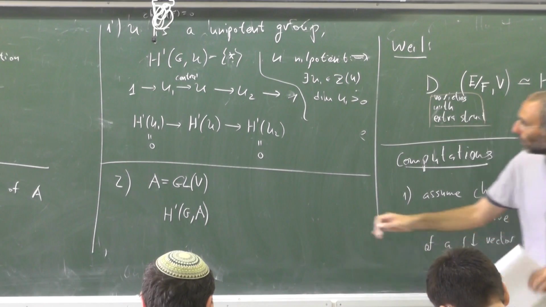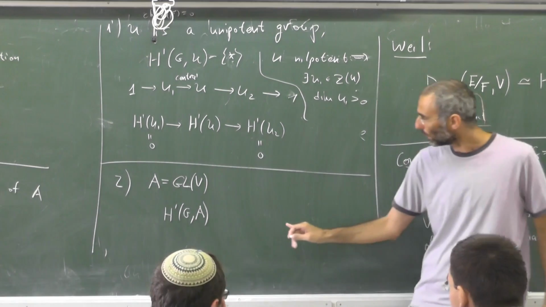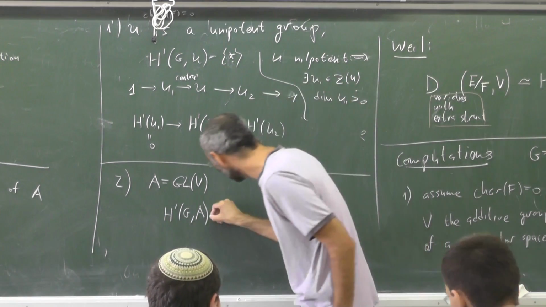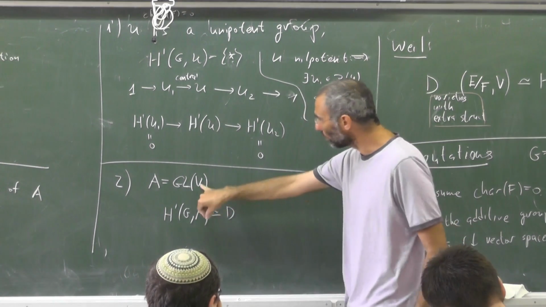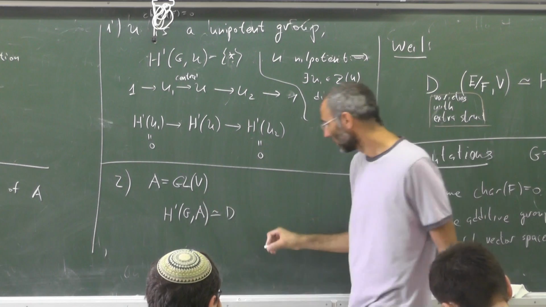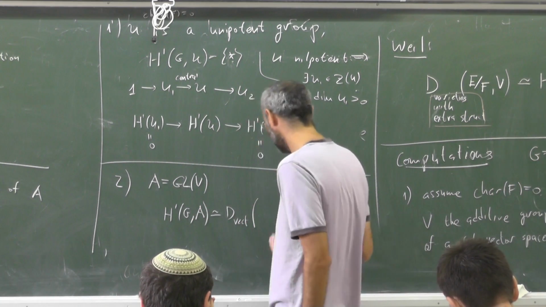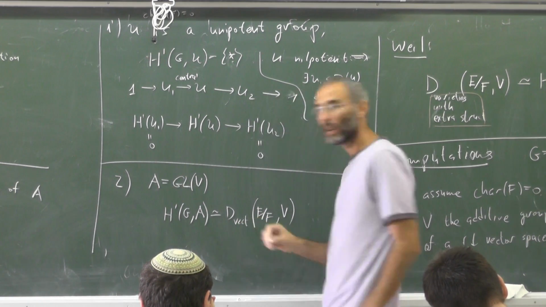Now this is an example of the other way around computation that I was talking about. Now I want to compute this one. I will actually use the fact that this is isomorphic in the descent. So A is the automorphism group of V as a vector space. So this is a descent as a vector space of V.